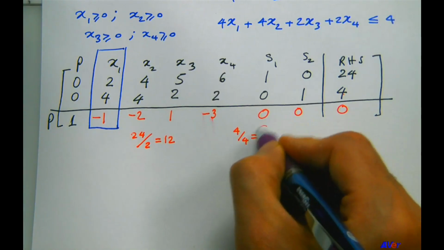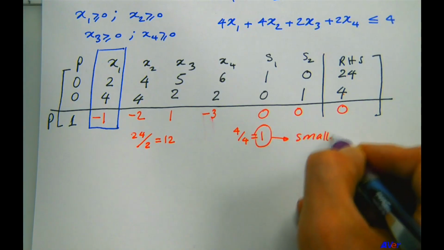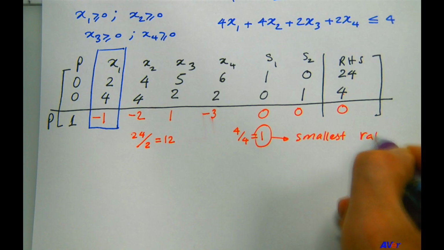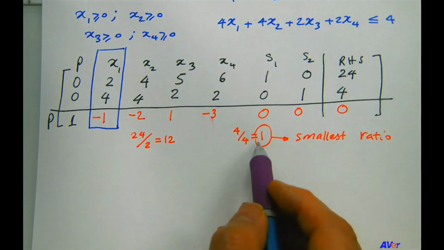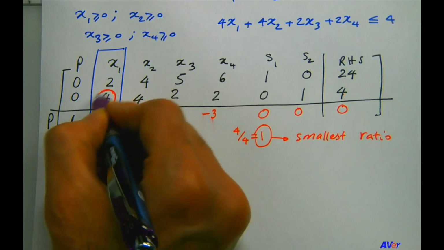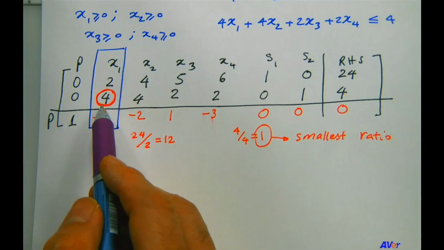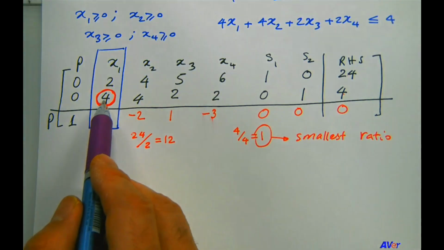So clearly this is the smallest ratio. That means this 4 is going to be the pivot element. All right, that one.